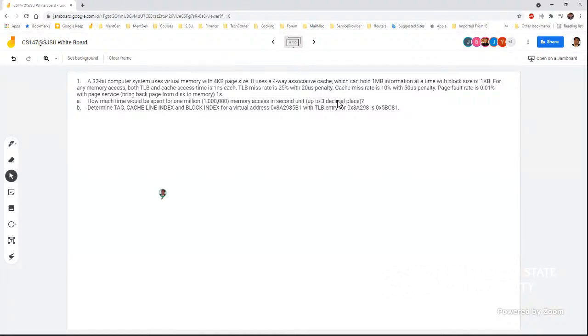Okay, the block size is 1 kilobyte. So from that, we can say that the number of bits in the block index is log base 2 of 1K, which is 10.